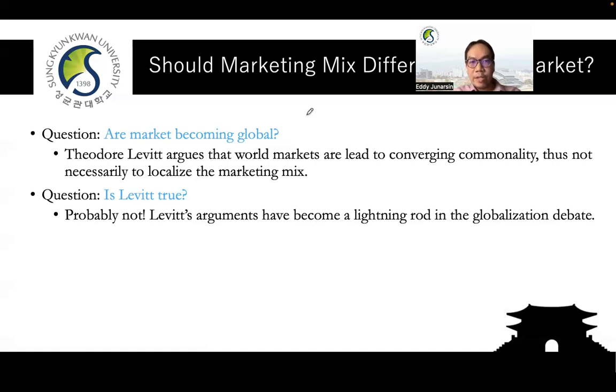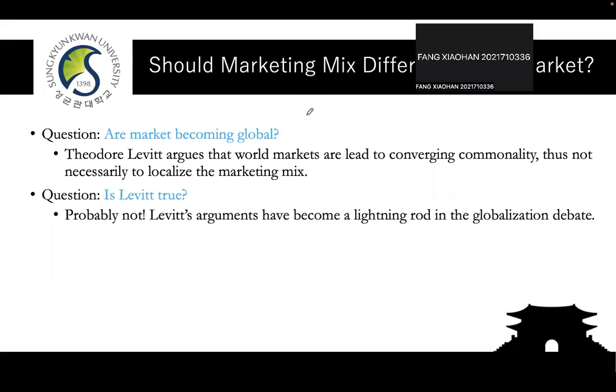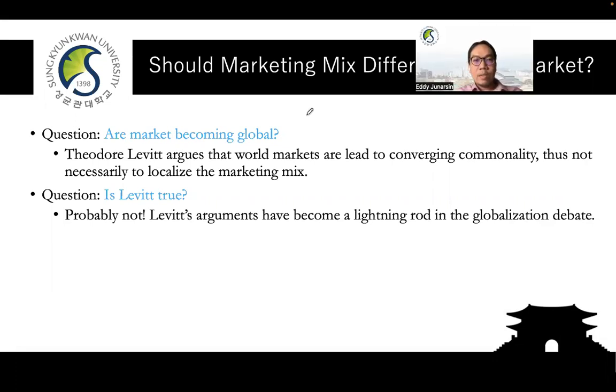According to Levitt, the world markets have converged into commonality, thereby not requiring localization or adaptation or adjustment of the marketing mix in every market. But again, the question is, is it really true?